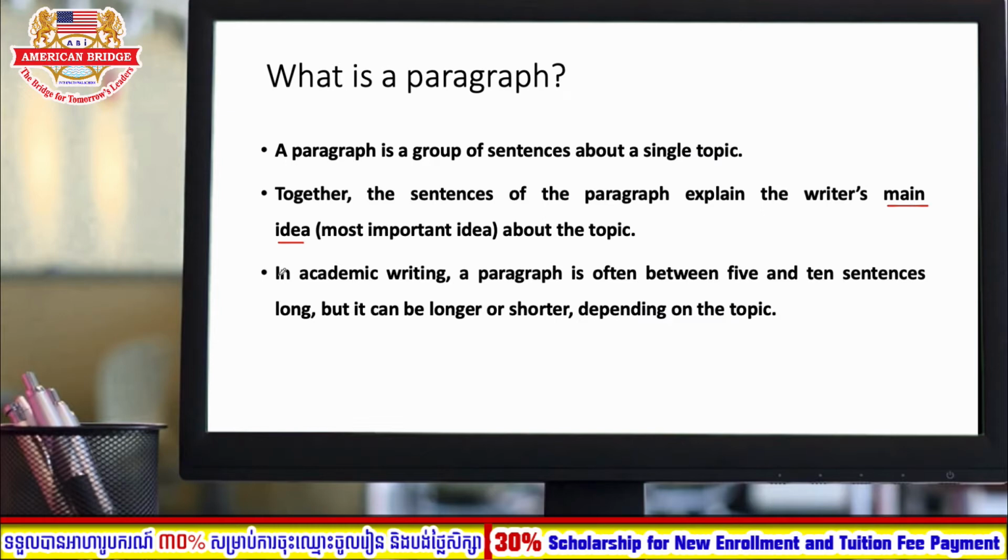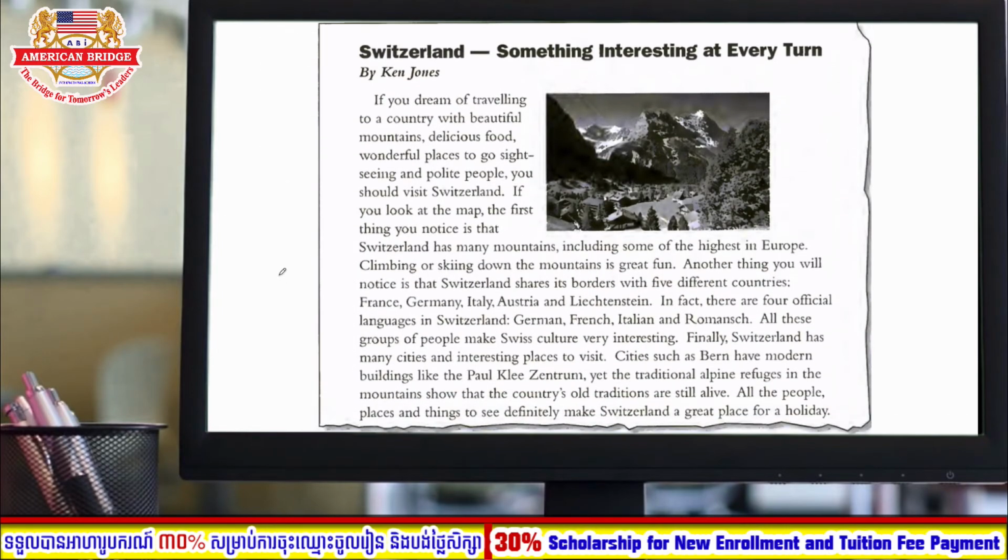So here is the meaning of a paragraph, right? It is a group of sentences about a single topic. To understand it much better, let's look at a paragraph. And this paragraph is about one country, which is Switzerland. It is titled "Something interesting at every turn."